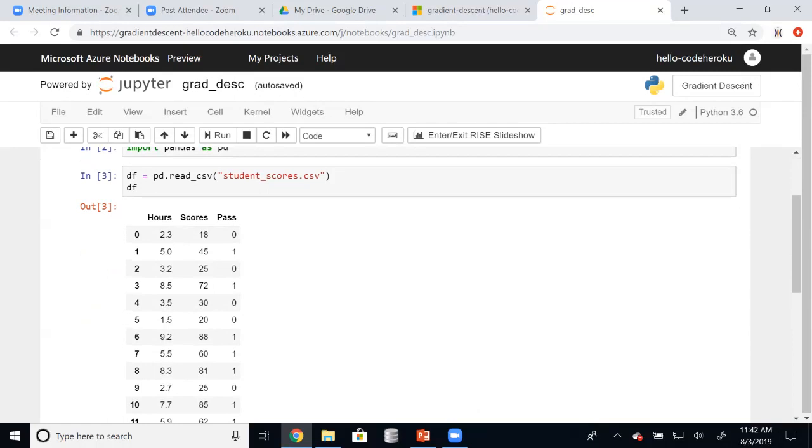All right. So can you guys go ahead and plot this out? We have already seen how to do that using matplotlib and in several of our EDA classes that we did. So go ahead and plot the hours and the scores on a graph and try to visualize it.